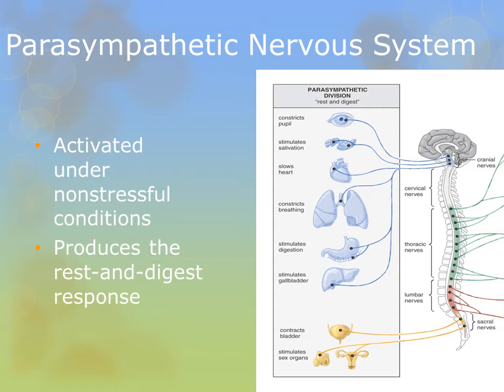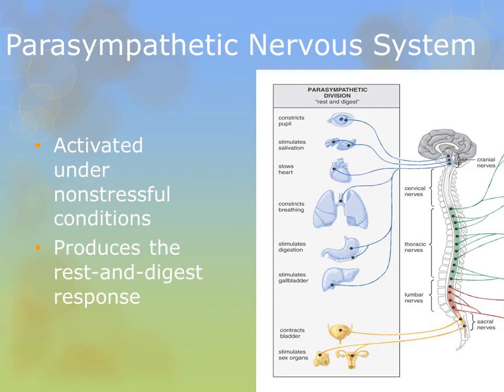So if I give a cholinergic drug, I can anticipate that it will constrict pupils, that it will stimulate salivation, that it may cause bradycardia, that it may cause bronchoconstriction, that it can increase digestion, so increase emptying of the stomach, increase peristalsis of the intestines, stimulate the gallbladder to release bile, which is going to aid in digestion as well.